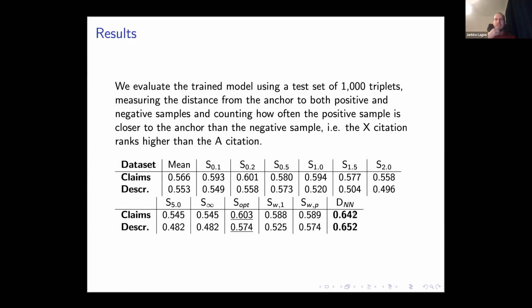The neural network just has an input of pure singular values, and doesn't have any other limitations. The dataset is split so that the patents have the claims and description sides, and in both cases the neural network is the best, and the Schatten optimal is the second best.